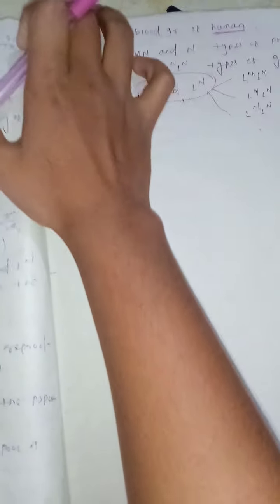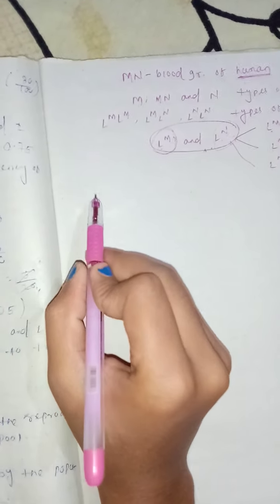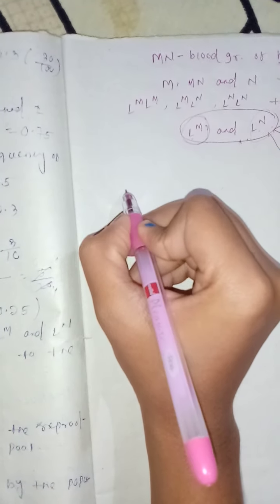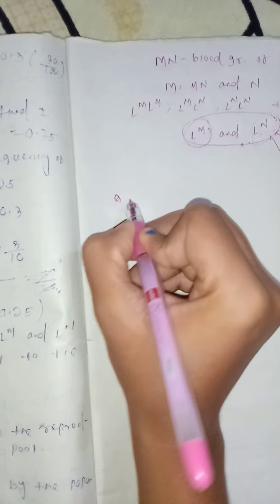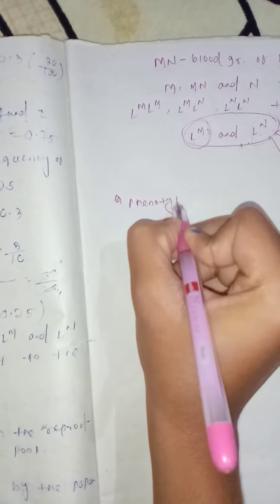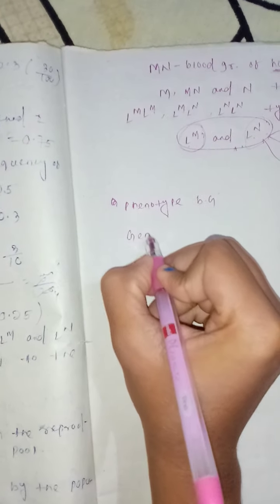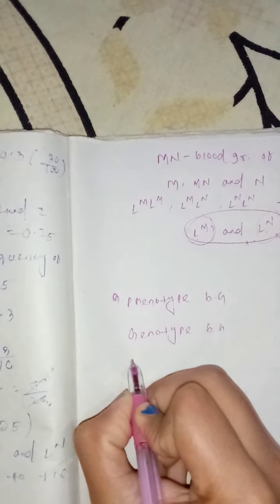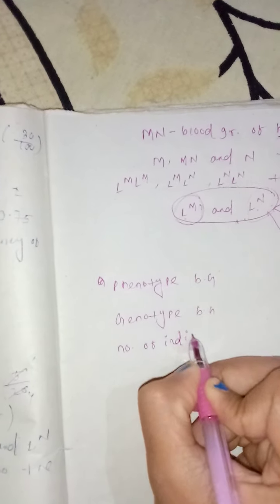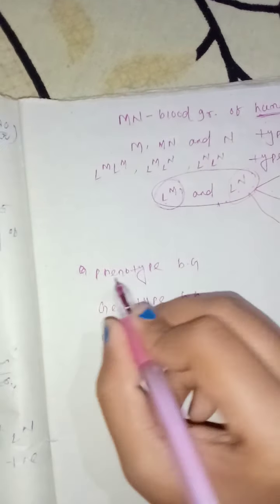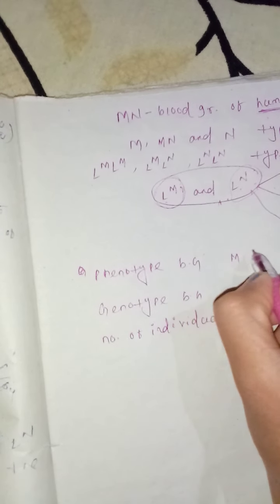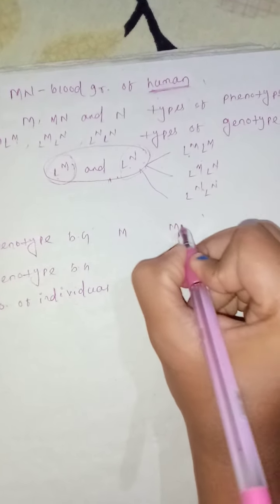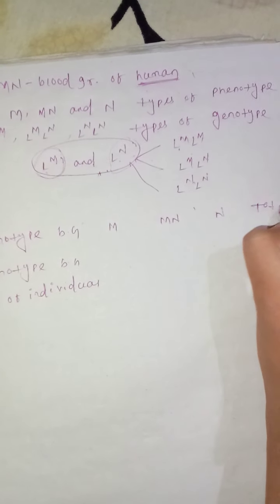When we want to know about gene frequency, we take the phenotype blood group, then the genotype blood group, and last the number of individuals. First, the phenotype blood group is M, MN, and N, then total.